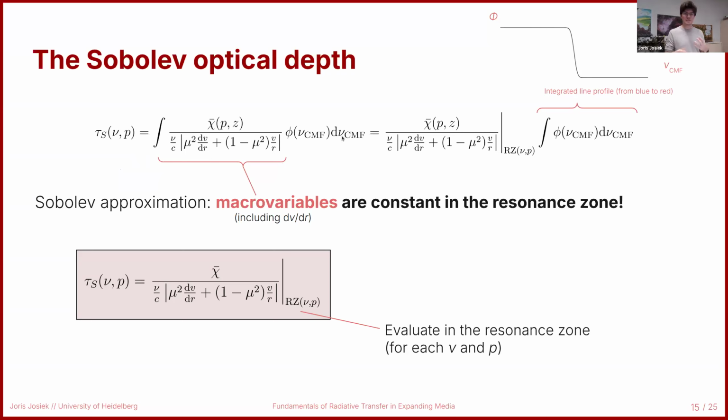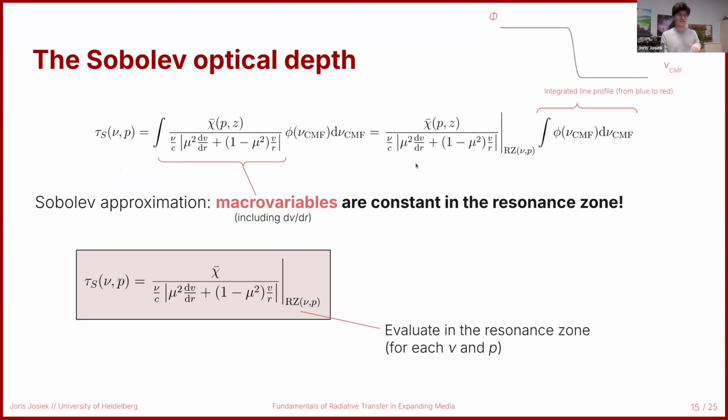And now comes the heart of the Sobolev approximation in mathematical terms, which is saying that the resonance zone is so small, or small enough, that macro variables, or all sorts of variables that play a role here, are constant. So this means that this giant term in the front of this expression can be pulled out of the integral.